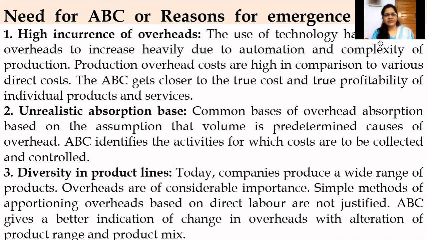Whereas ABC identifies the activities for which costs are to be collected and controlled. Which activity is very important, whether that activity is to be conducted or not, will be checked, and if it is important, those activities can be conducted and the cost can be incurred. All this can be done in ABC.